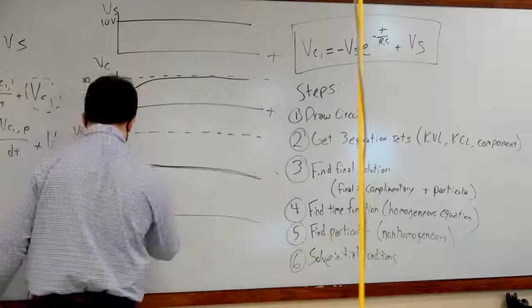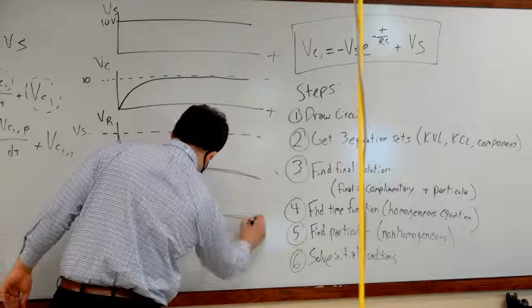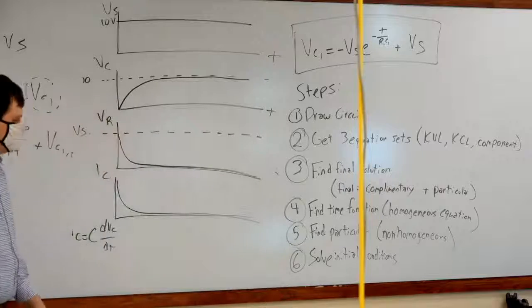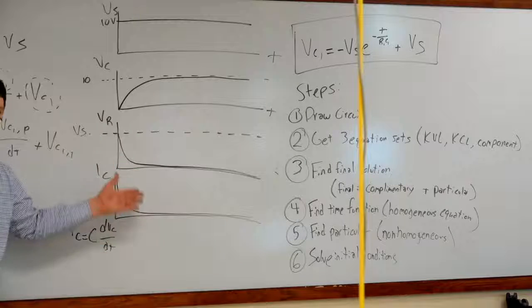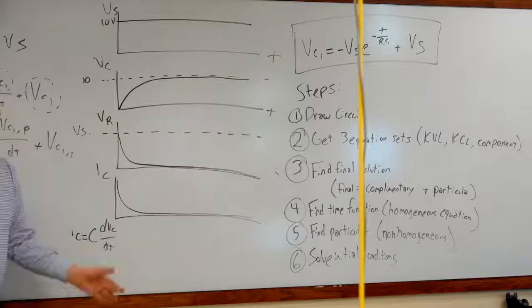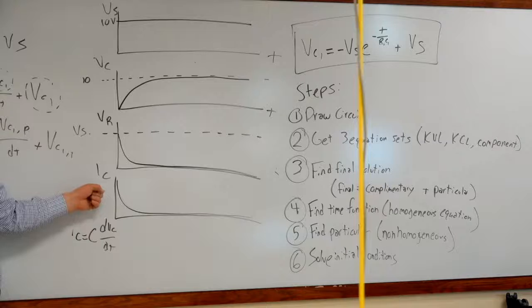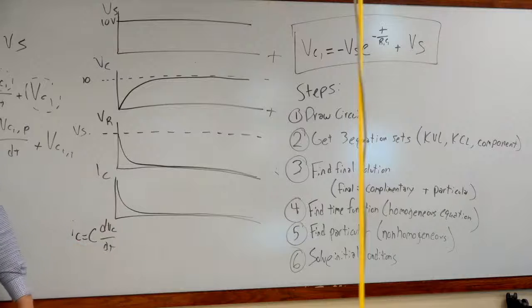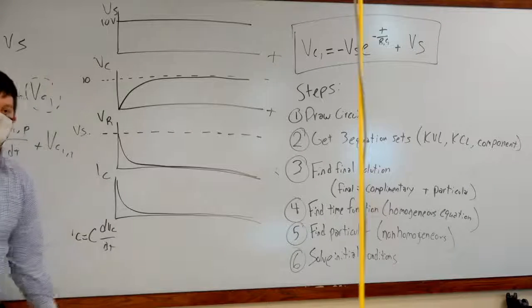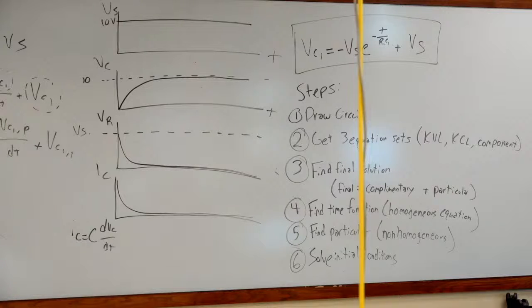So it looks like this, which we already knew it looked like that because it is the same time function as the voltage across the resistance. So that's two different ways. If you can solve for IC using Vc, you can then multiply by the resistance and get Vr. Or you can just subtract from Vs and get Vr. A couple different ways you can solve that one.